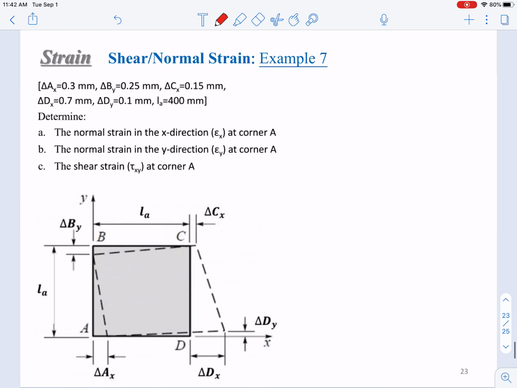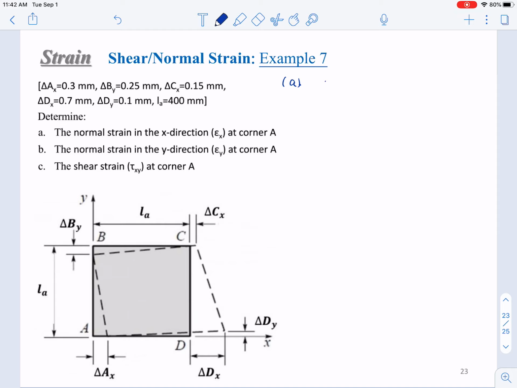Okay, so first step, let's look at how to find the normal strain in X direction at point A. Step A, normal strain at point A along X direction.